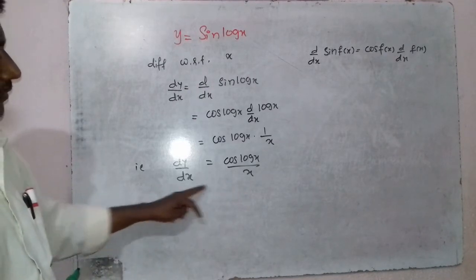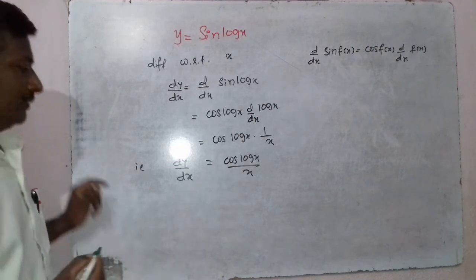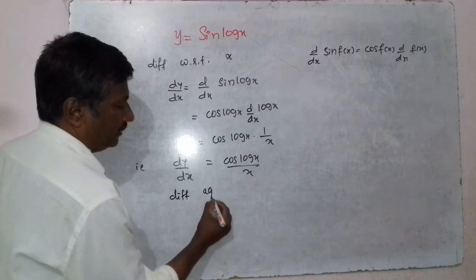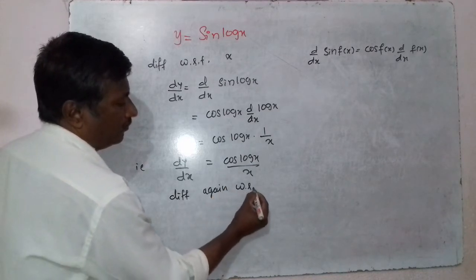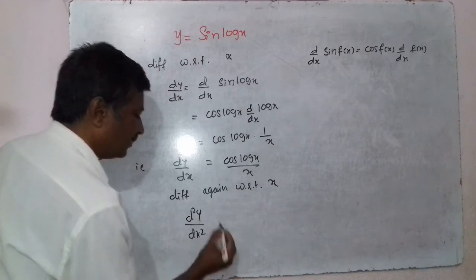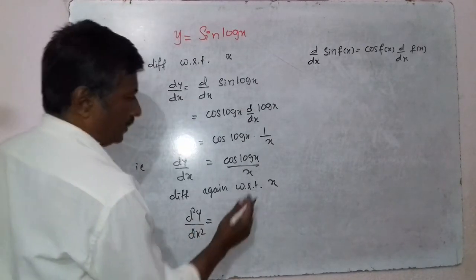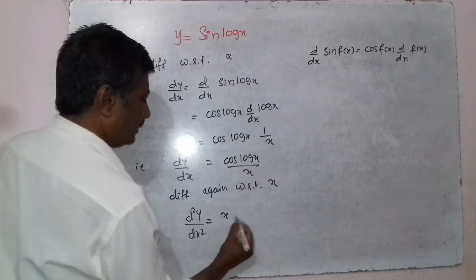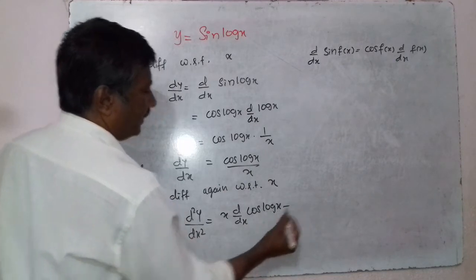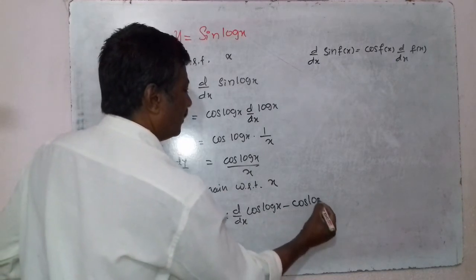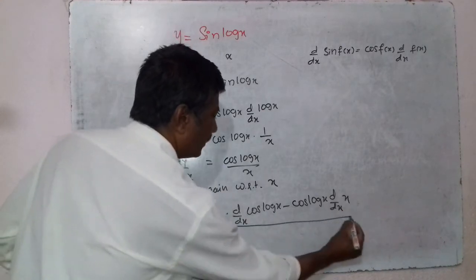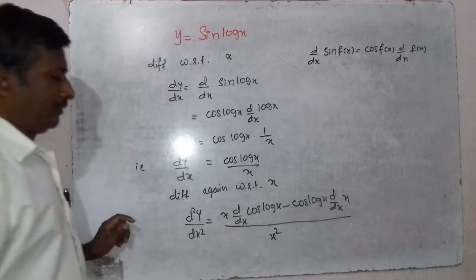Now we have to differentiate this once again. Differentiating again with respect to x, d square y by dx square equals, quotient rule here: x d by dx of cos log x minus cos log x d by dx of x, this divided by x square.